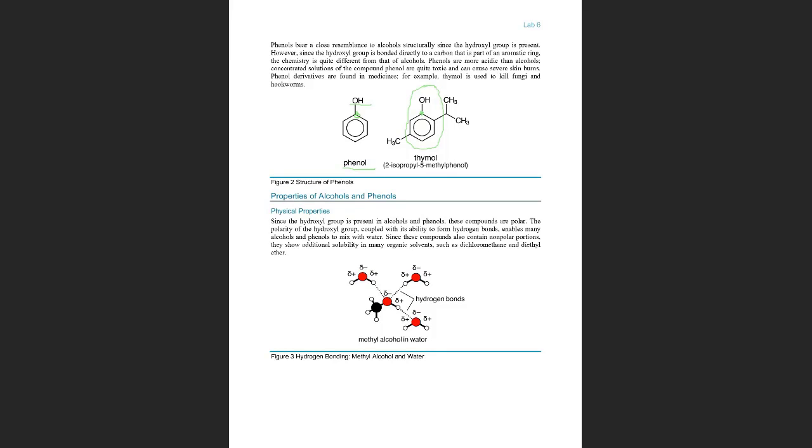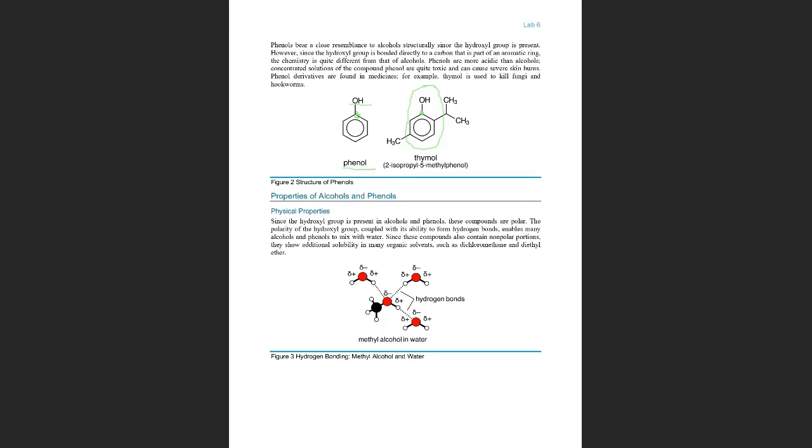And another characteristic of alcohols and phenols is that they are polar compounds. Why is that? Let's pay attention to this drawing. They are polar because the hydroxyl group in the alcohol is polar and can form hydrogen bonds.